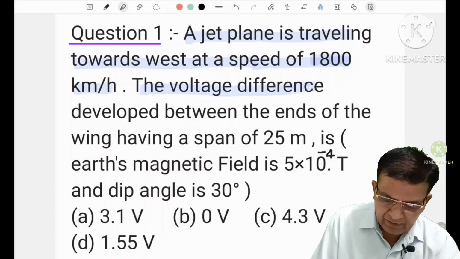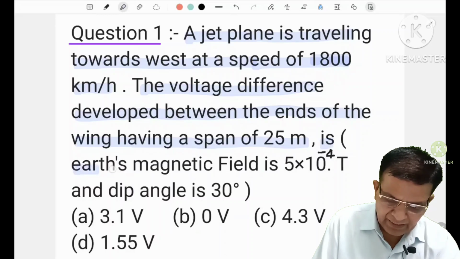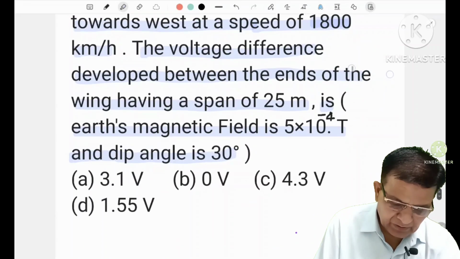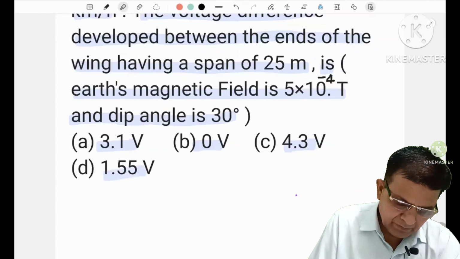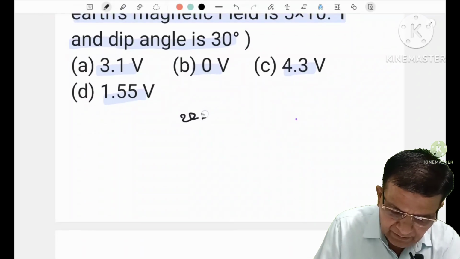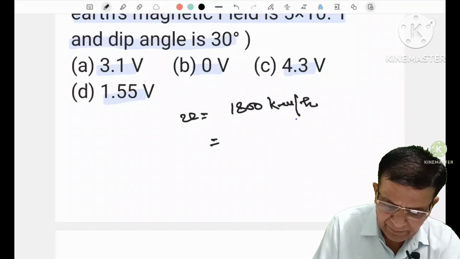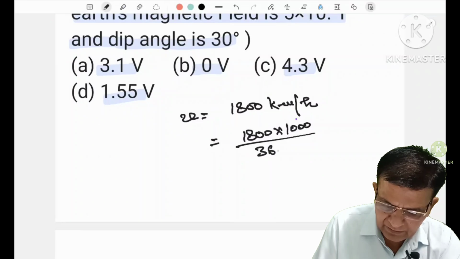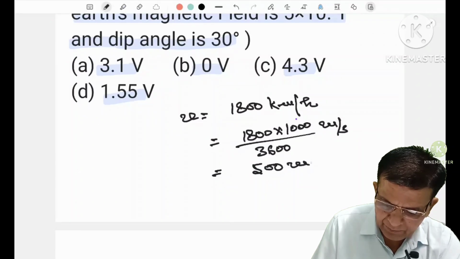The voltage difference developed between the ends of the wing having span 25 meter is, Earth's magnetic field is 5 into 10 to the power minus 4 Tesla and dip angle is 30 degree. 3.1 volt, 0 volt, 4.3 volt and 1.55 volt. The speed of plane is 1800 kilometer per hour. If we convert it to meter per second, 1000 by 3600 meter per second, this comes to 500 meter per second.